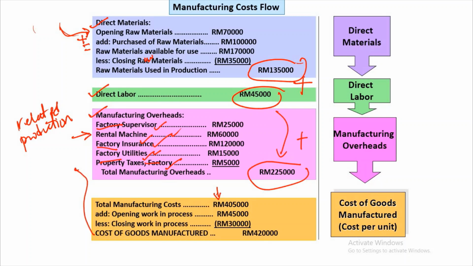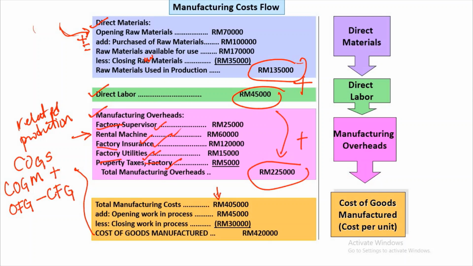In order for you to calculate your COGS, cost of goods sold, all you have to do is take your cost of goods manufactured plus the opening finished good inventory, minus the closing finished good inventory.